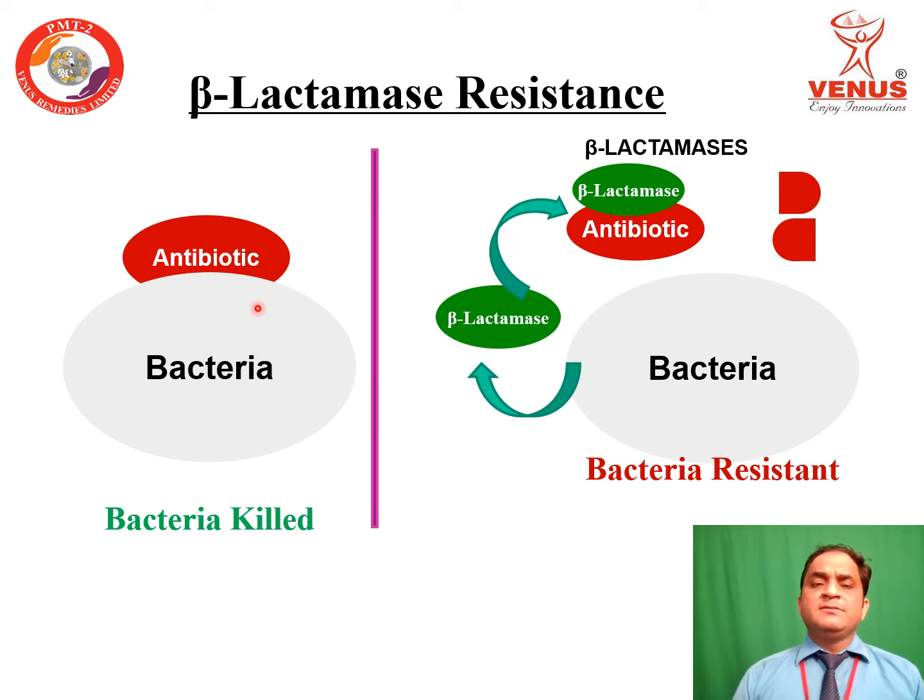In the first image this antibiotic was effective against the bacteria, but now in the second image the beta-lactamase enzyme destroys the antibiotic, and the same antibiotic is not effective against the bacteria. So here bacteria, with the help of the beta-lactamase enzyme which is secreted by the bacteria, produce bacterial resistance.